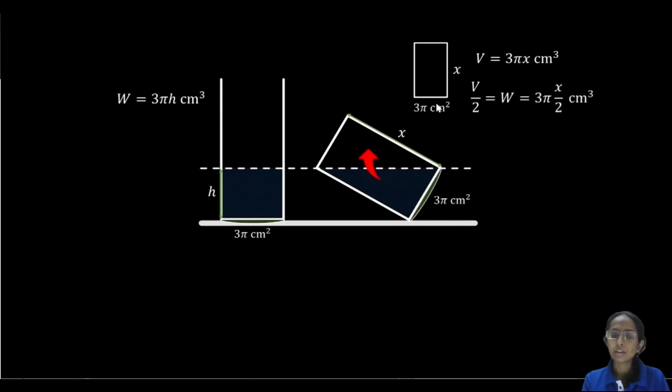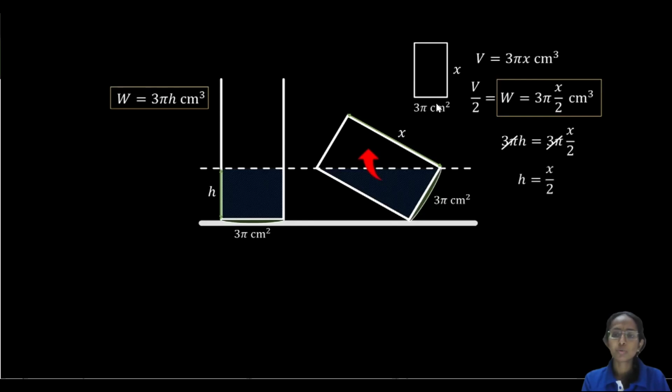And we know that the volume of water is the same in both cylinders. That means 3 pi x by 2 is equal to 3 pi h. So we equate these two. Cancelling out the 3 pi, we get h equals x by 2, or x is 2h.